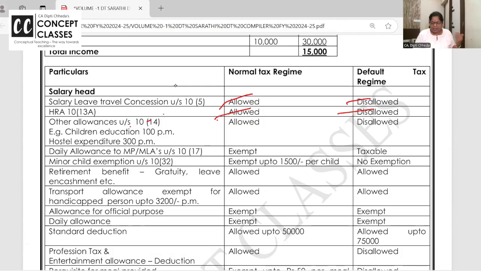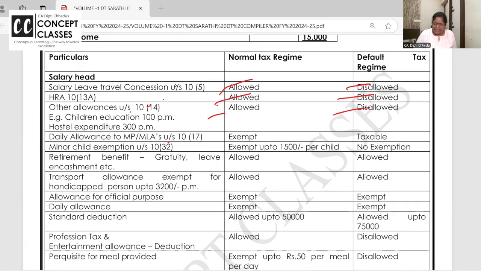Other allowances 100 and 300 allowed if you opt out of the default tax regime, disallowed. Daily allowances here exempt, here they are taxable, no exemption. If you file your return in the default tax regime, MPs', MLAs' allowance, daily allowance, everything will be taxable. Minor child, you get 1,500 exemption per child, here you don't get that.